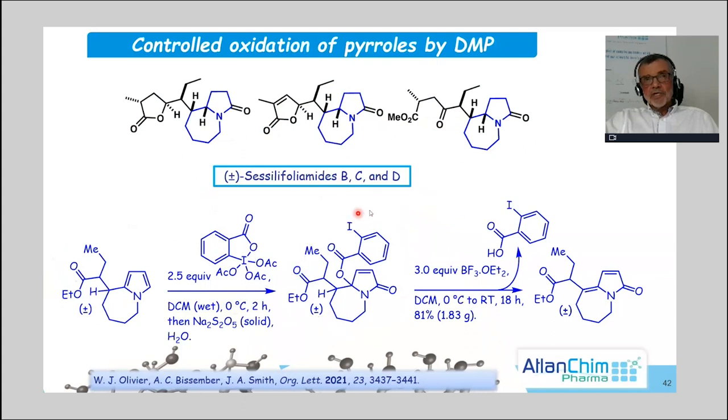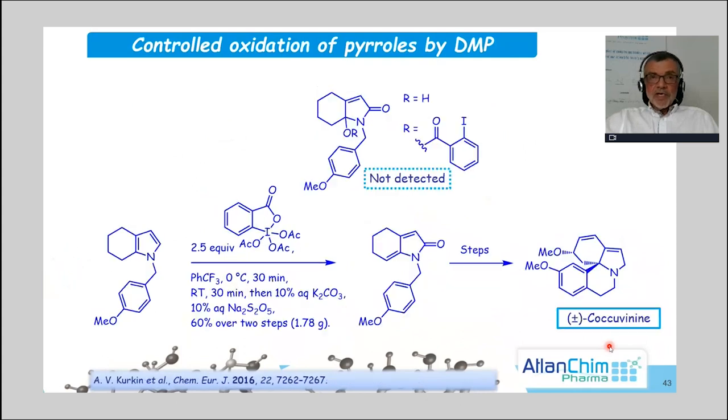This crude material was directly treated with an excess of BF3 etherate in dichloromethane, promoting the elimination of 2-iodobenzoic acid, leading to the desired lactam in 81% overall yield on gram scale.